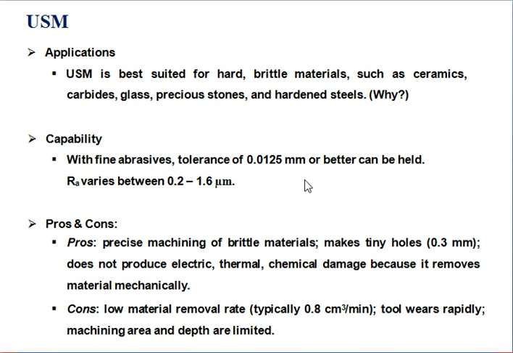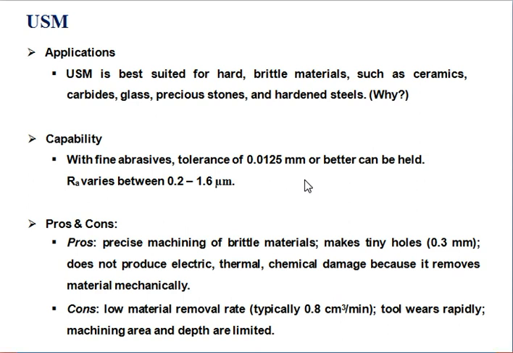Now, when we are talking about the capability of ultrasonic machining, I must say, with a very fine abrasive, you can obtain a tolerance of 0.0125 millimeter or better. And the surface roughness varies between 0.2 to 1.6 micrometer. So you can see the good advantages and capability of USM.